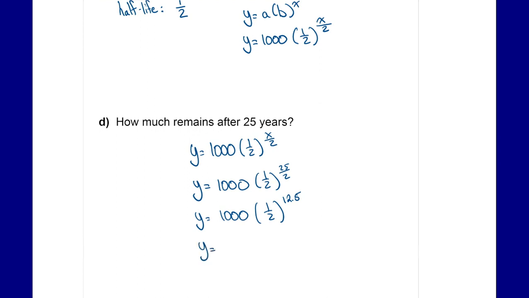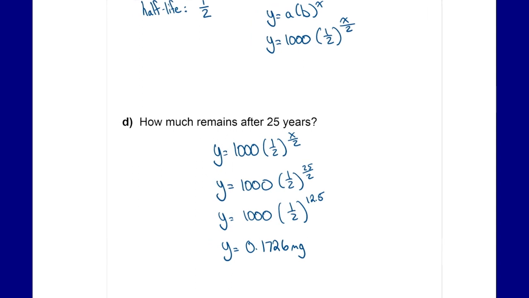This just becomes a calculation. We go through and we solve. We get 0.1726 milligrams. So after 25 years, there would be 0.1726 milligrams of uranium-239. Right, so even after 25 years, it's still not going to disappear fully. And that is the danger of having nuclear materials, that it doesn't quite disappear.